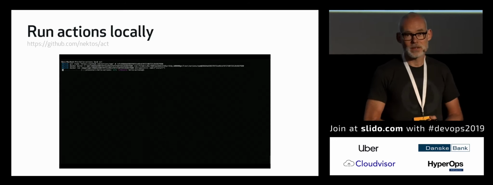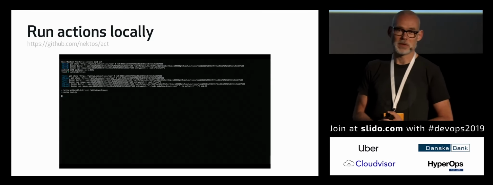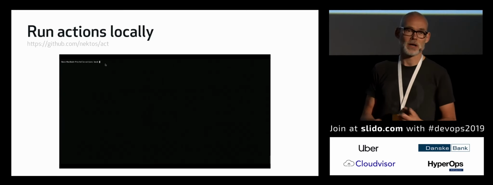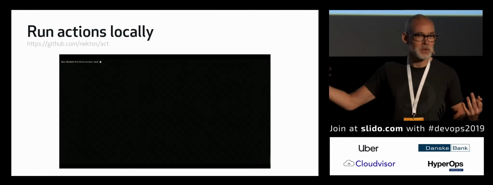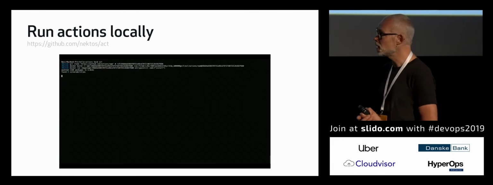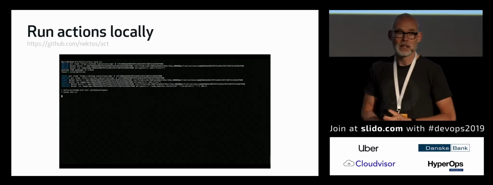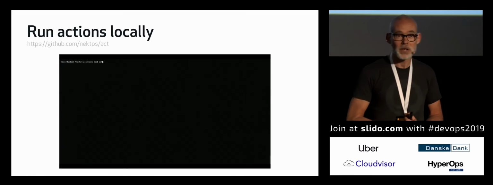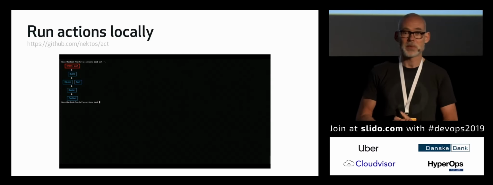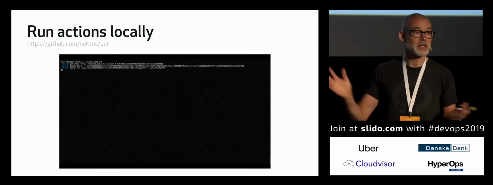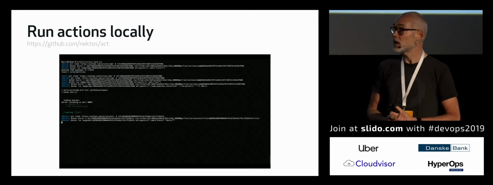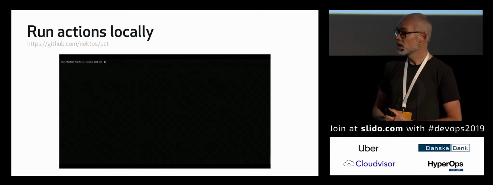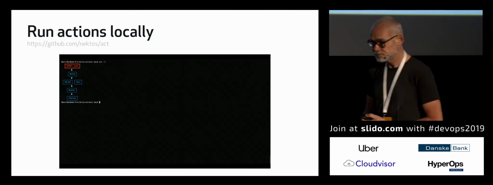It's a very neat tool to use, because especially getting started with actions, you do not want to push your code all the time to GitHub in order to test your action. So you can do a lot of the work just locally, and then once you're happy with your results, it's ready for review, you just push your changes to GitHub, open a pull request, and request a review by your peers. So it's a really great tool.